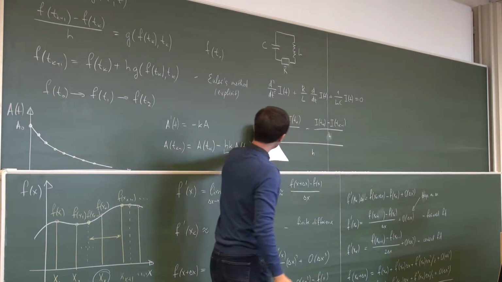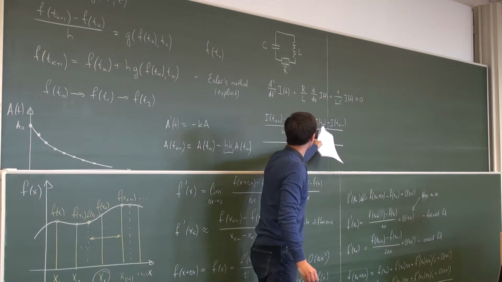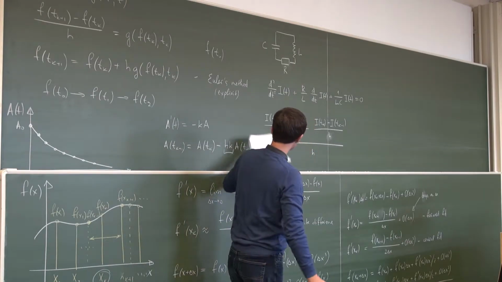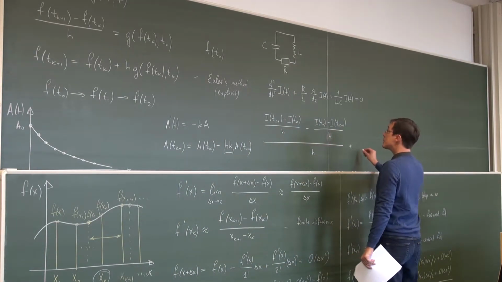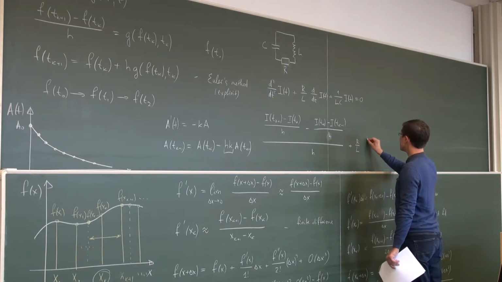So we've estimated the derivative on the right and a derivative on the left. We subtracted these derivatives and divided by h again. That's an estimate of the second derivative. Plus r over L d by dt.